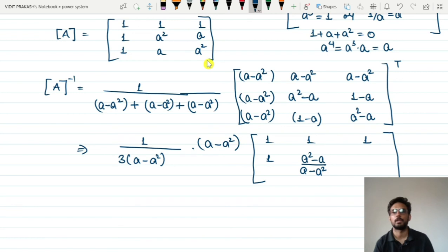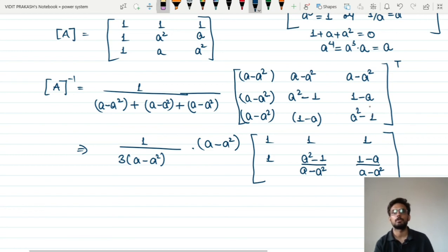Sorry, this was A minus 1. Just correct this one. This will be A minus 1, right? See, this will be 1 into A square minus 1 into 1. So this will be A square minus 1. Okay, so let me correct this one. This will be A square minus 1. Okay, sorry for this. And this will be 1 minus A by A minus A square.